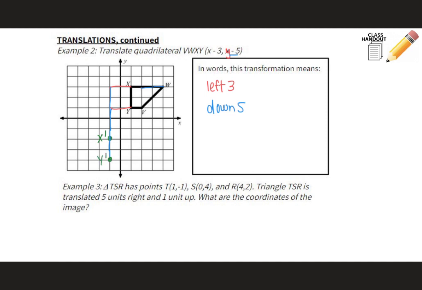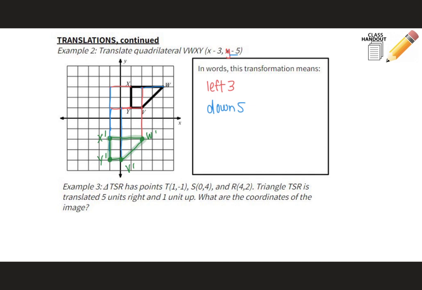Left 3, down 5. 1, 2, 3, 4, 5. W prime. And then V, left 3, down 5. 1, 2, 3, 4, 5. V prime. So here's my new figure. I labeled my coordinates using prime notation to indicate that that is the image.